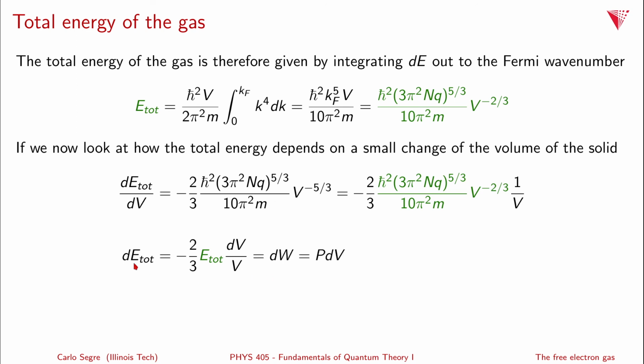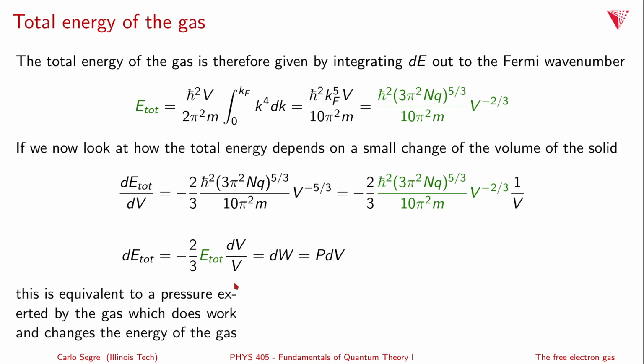But this change in energy is just the work that's done on the gas as you change the volume. And the work that's done on the gas is just P times dV, because as V is changing, the pressure is changing as well. This is equivalent to a pressure exerted by the gas, which does work and changes the energy of the gas.